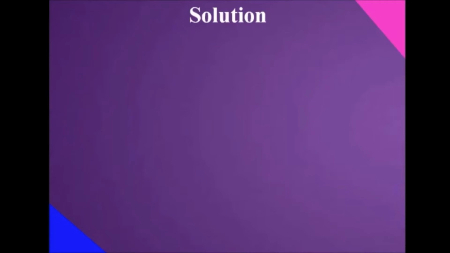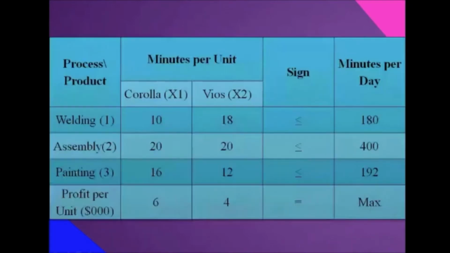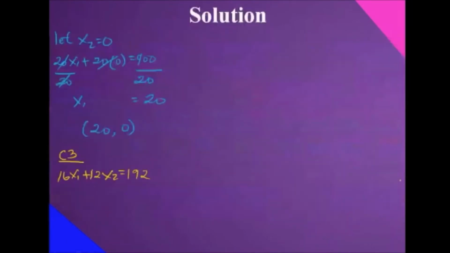Baka nakakalimutan nyo ha, saan po nanggaling yan, sir? Ito lang po, yung painting. Ayan yung pangatlong constraint natin: 16, 12, and 192. So, tulad ng mga nauna, first step, let natin x sub 1 as 0. So, 16 multiplied by 0 plus 12 x sub 2.